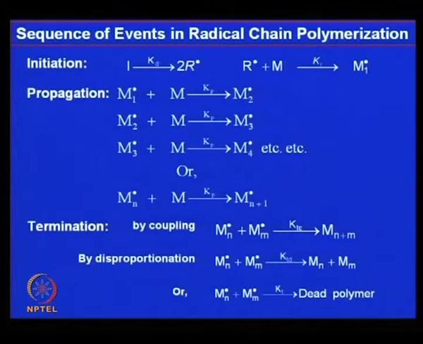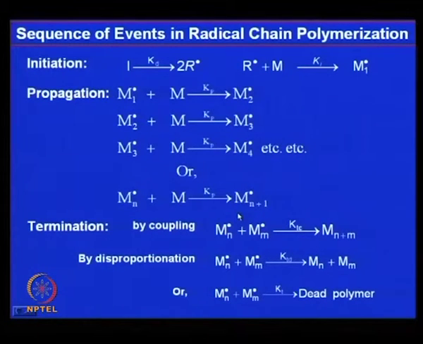Okay. First you see, this is the initiation step, this is the propagation step, propagation continues. Then these growing chain radicals are live. Live in the sense they have the capability of adding more monomers.